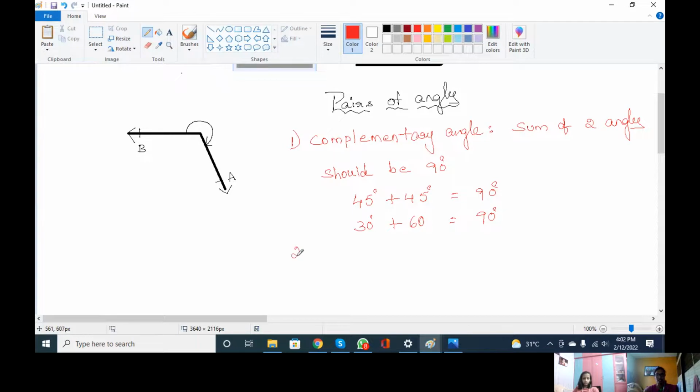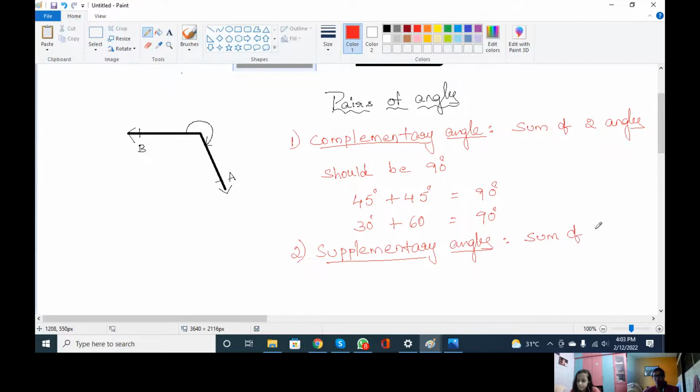Another one, supplementary angles. Two angles are said to be supplementary if the sum of their measures is 180 degrees.